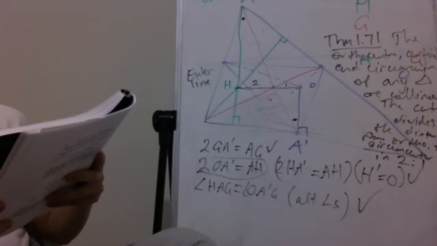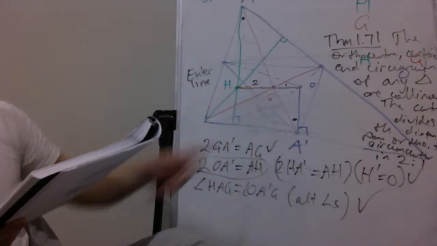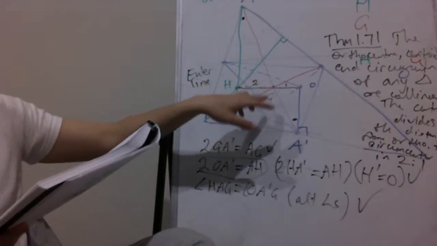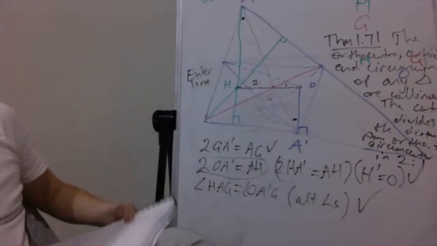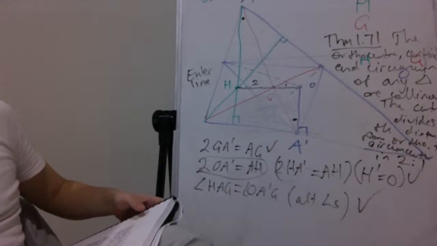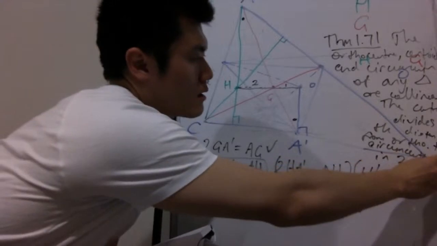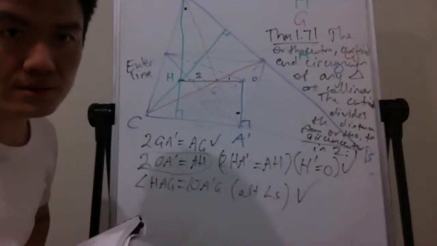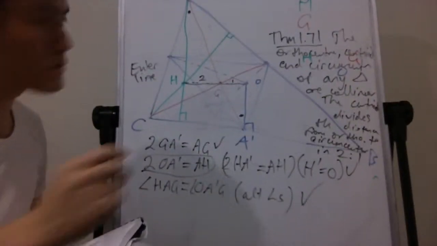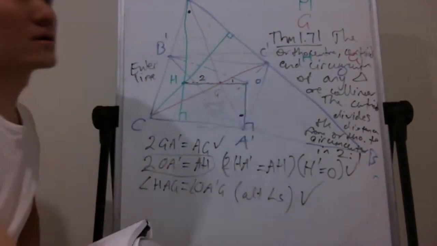We have marked the point N where the Euler line HO meets the line through P. P was meant to be the midpoint of B prime C prime. Let's draw some stuff. This is C, B. So B prime is here, C prime is there, yeah?